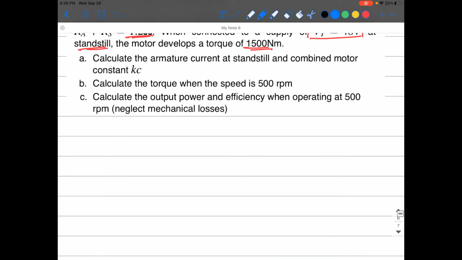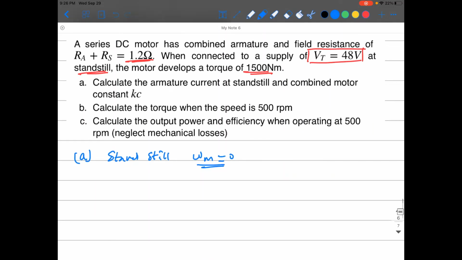Part A wants you to find everything at standstill. Standstill means that the speed equals 0. Keep that in mind. The given information is that the torque of the motor equals 1500 newton meters, along with the terminal voltage.